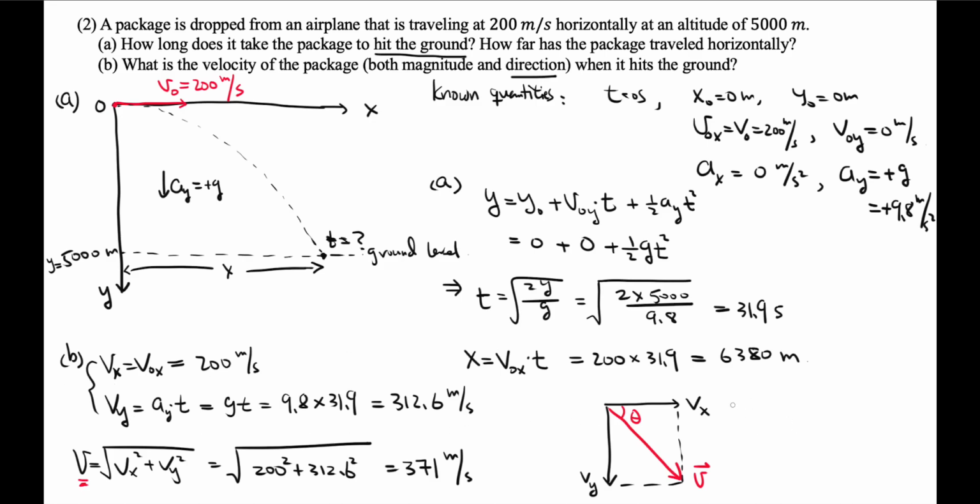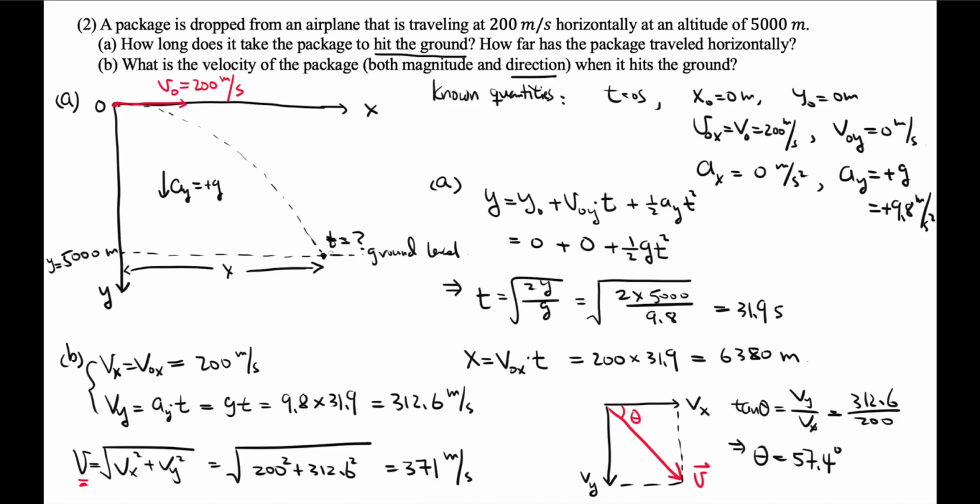Then we can calculate tangent theta equals Vy over Vx equals 312.6 over 200. And then we can calculate the inverse of that function. The angle here is roughly 57.4 degrees.